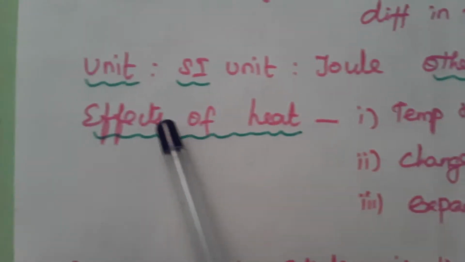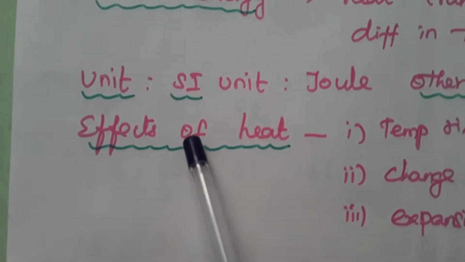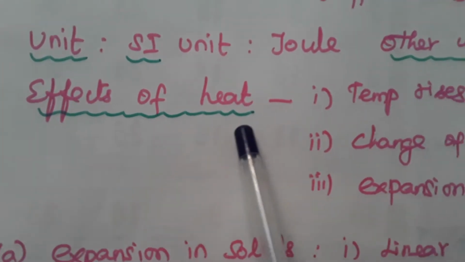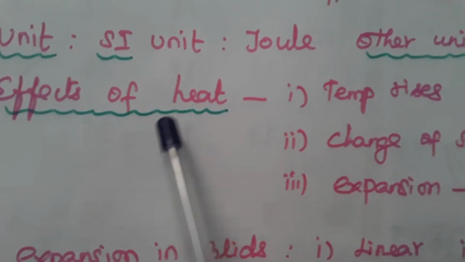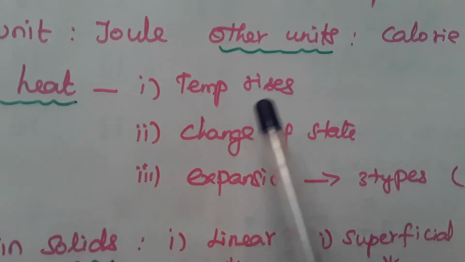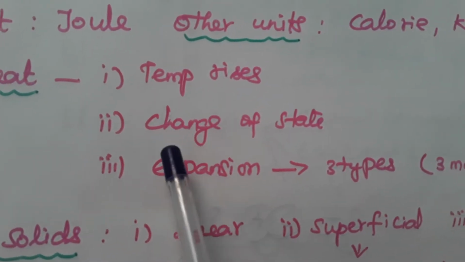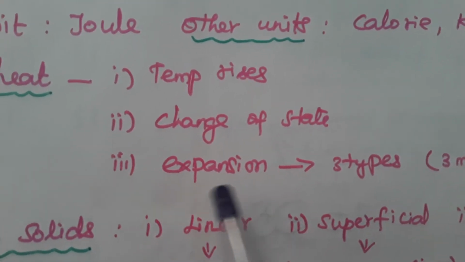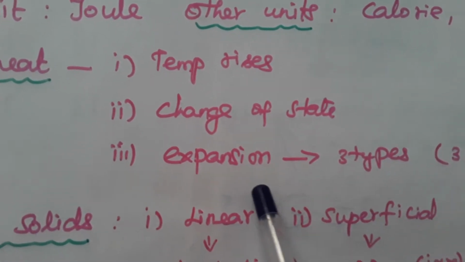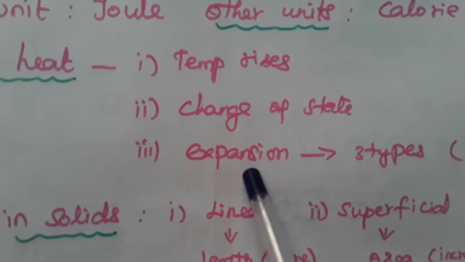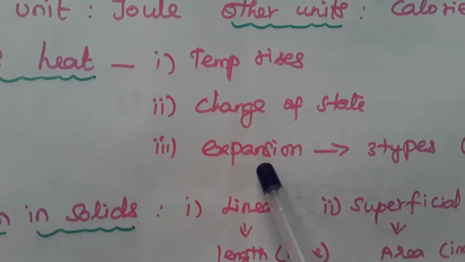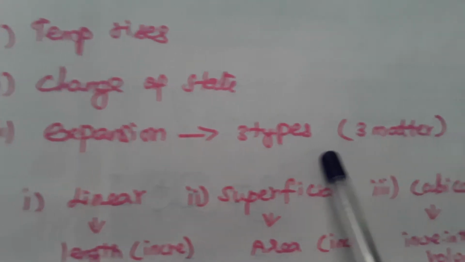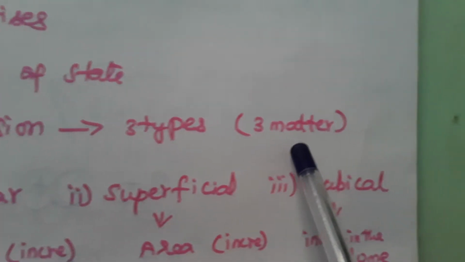Next, we are going to discuss the topic about effects of heat. If we heat a substance, what effects may occur? Temperature may rise, change of state, and expansion. We already learnt in our lower classes that on heating a substance, expansion will occur. There are three types of expansion, occurring in all three types of matter.